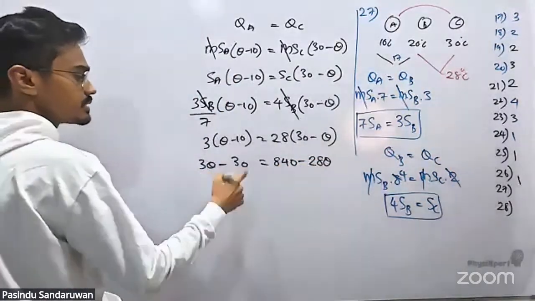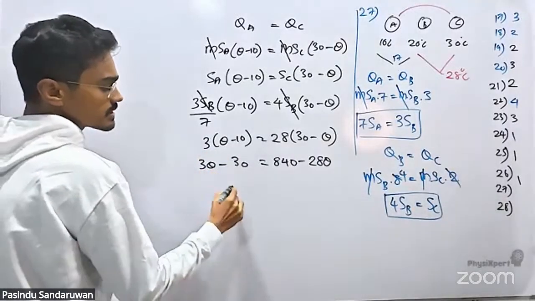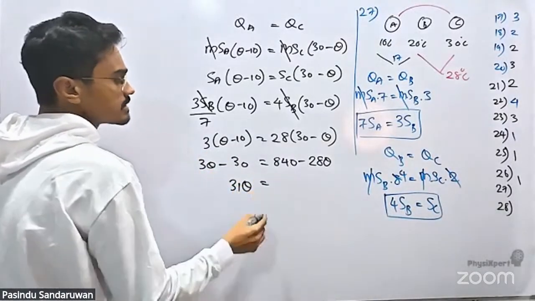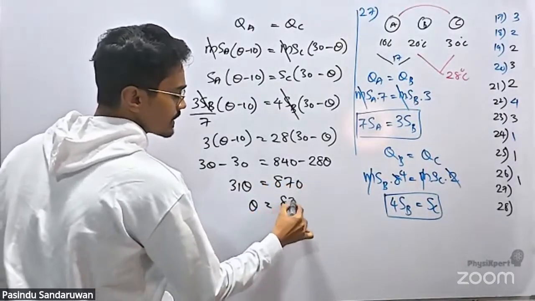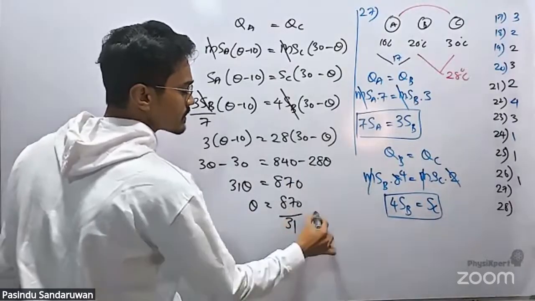Take this to the other side. Then it becomes 31 theta equals 870. Theta equals 870 over 31.